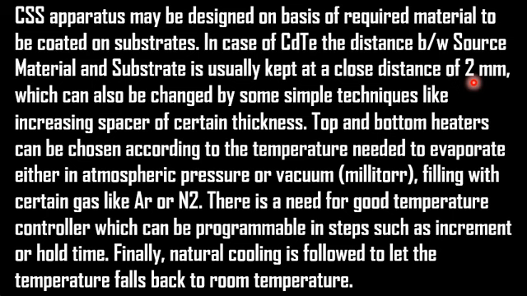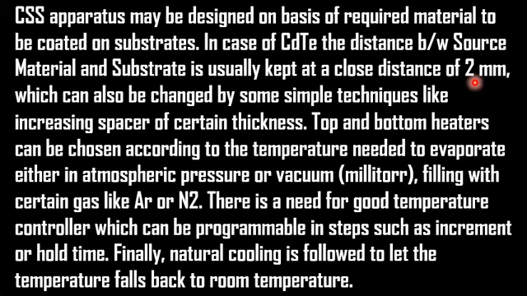However, this may vary. It depends on the material. Even with cadmium telluride, you can vary. Especially this is for researchers. You can vary the distance between the cadmium telluride precursor and the substrate to 3 millimeter or more, or even 1 millimeter.